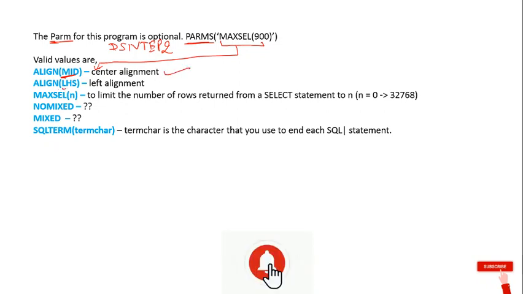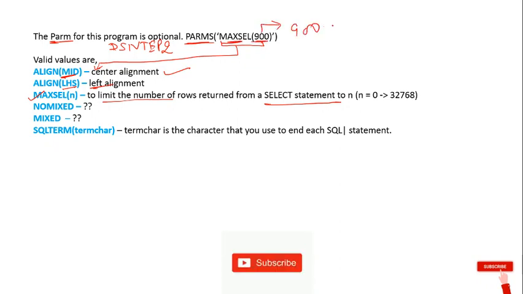And ALIGN(LHS) keeps the data in left alignment. And MAXSELECT limits the number of rows returned from a select statement. Like if there is MAXSELECT and there is 900, it means it will fetch 900 records from the table.